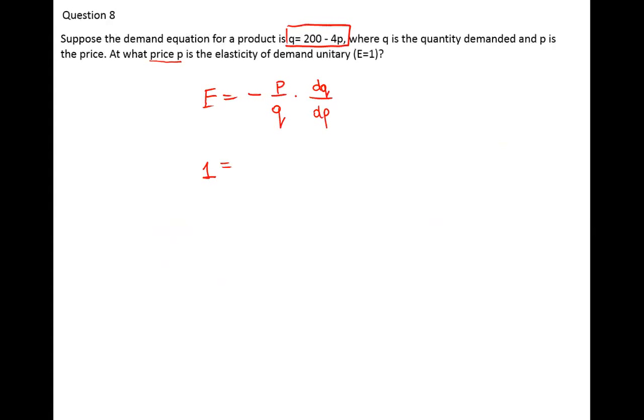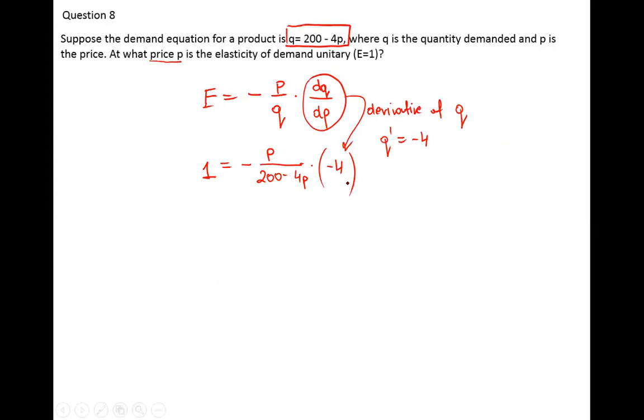We will need P. I will put the Q function in the denominator, and again this is just the derivative. Derivative of Q, now we have a really easy derivative. Derivative of this function is just -4. And we have to solve this equation for P.